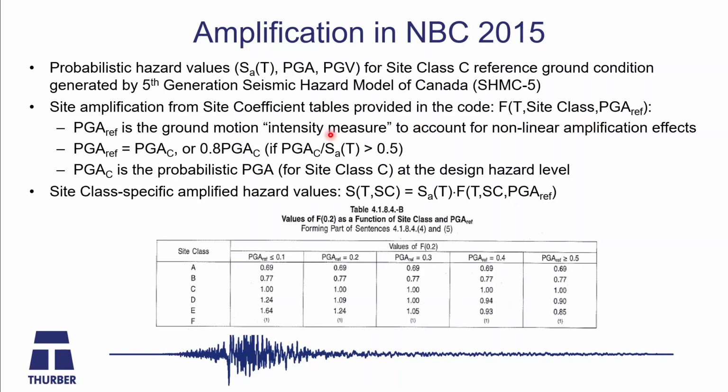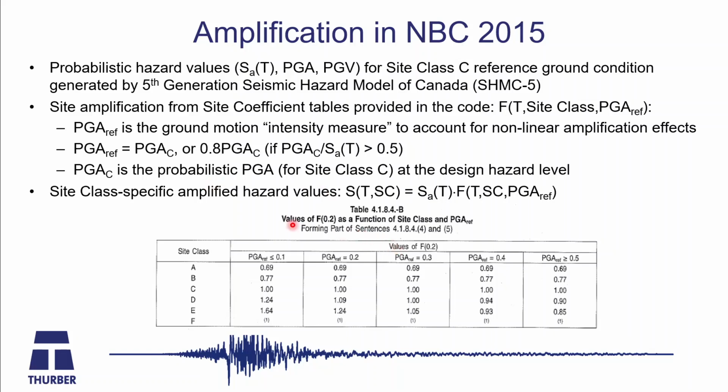So we're talking then about the PGA being an intensity measure for the purpose of determining nonlinear amplification effects. Typically that reference PGA was Site Class C. Certainly in the West here, it's usually Site Class C. In the East, it tends to be 80% of Site Class C. So that Site Class C value, that PGA value, is a probabilistic value coming from the aggregated hazard at the design hazard level.